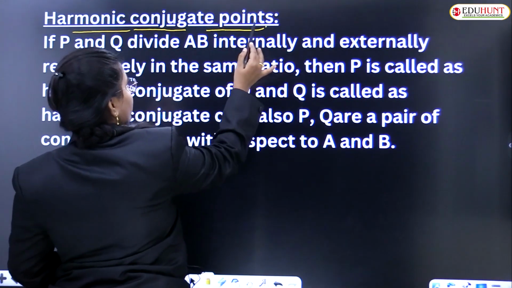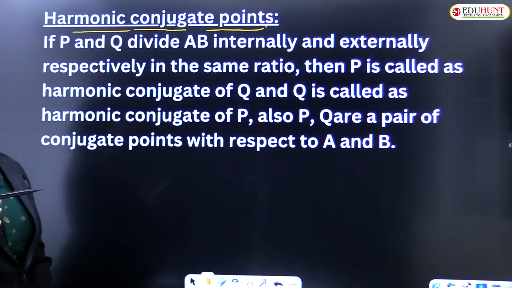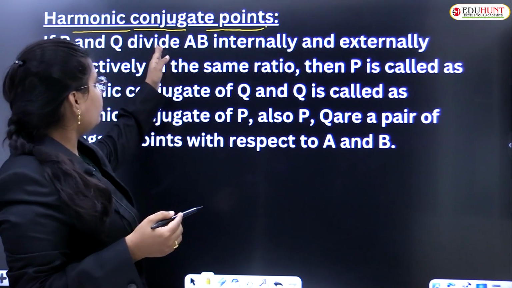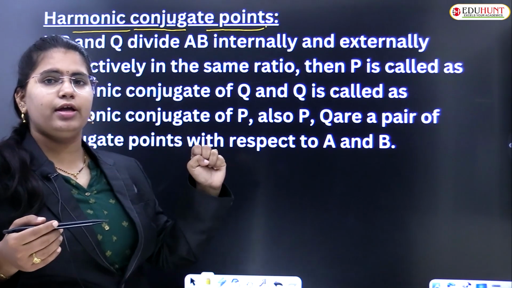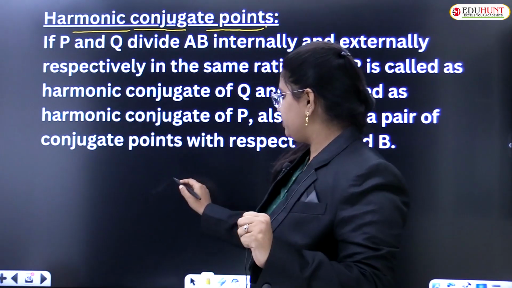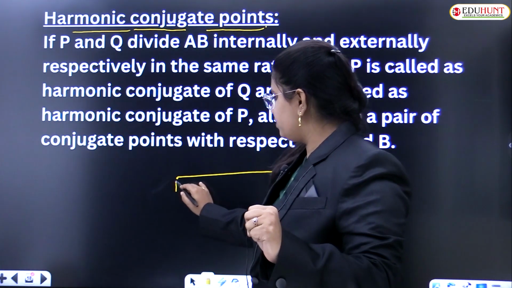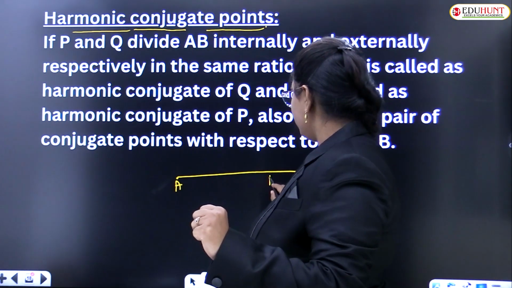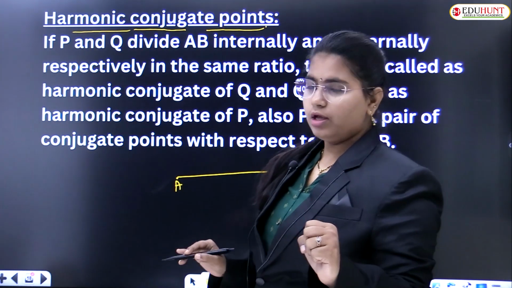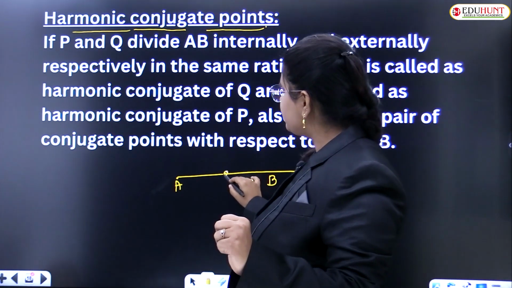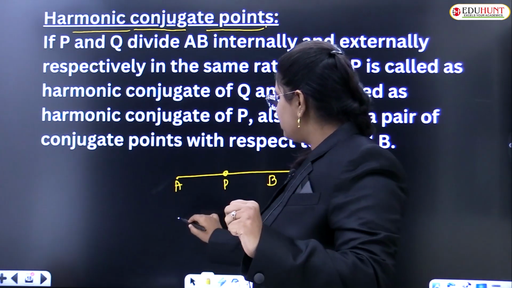Harmonic conjugate points. What do you mean by harmonic conjugate points? If P and Q divide AB internally and externally. Let me take a diagram. Let me take a line segment AB. P is being divided internally.